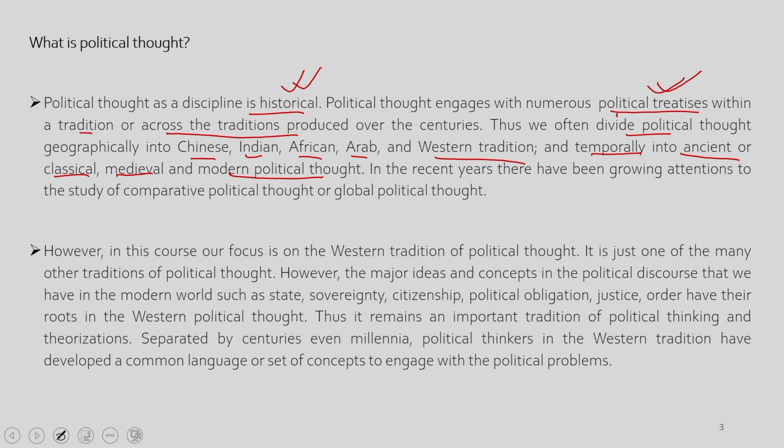This is also a kind of temporal division of political thought across the ages from the classical antiquity to modern times. In recent years there has been, as I have said, a growing interest in the study of comparative political thought or political thought across the tradition and global political thought. That is the recent development in thinking about political thought.